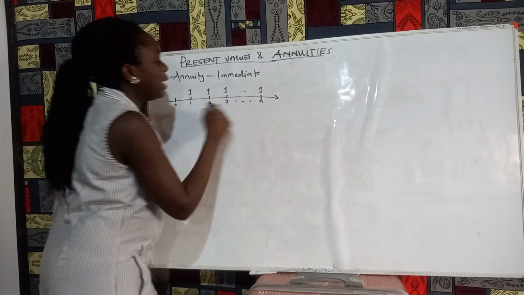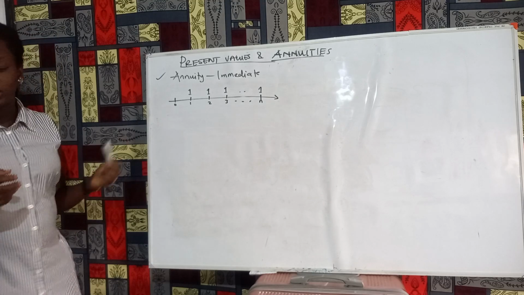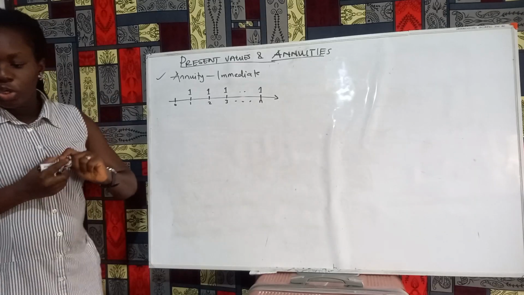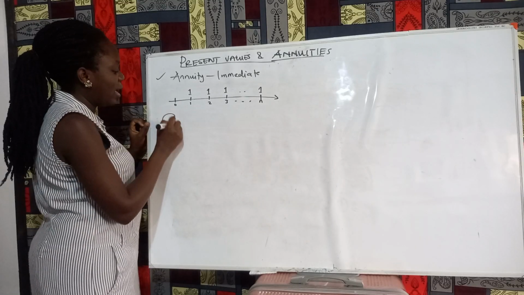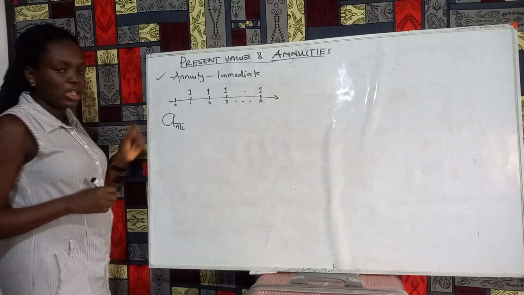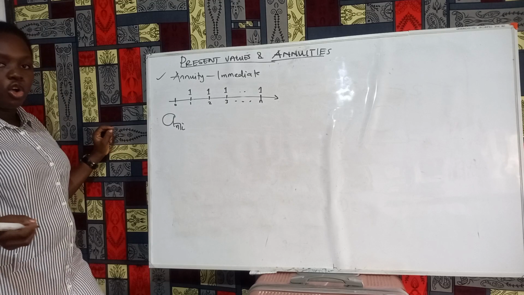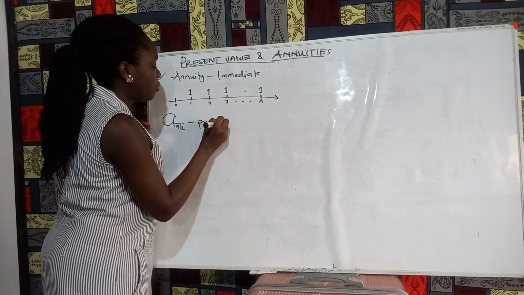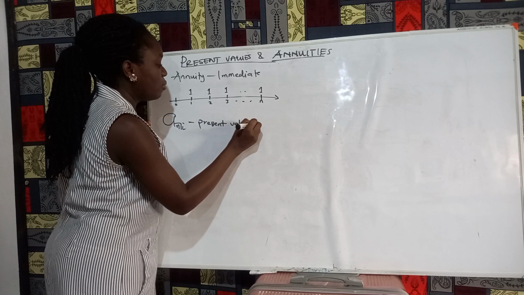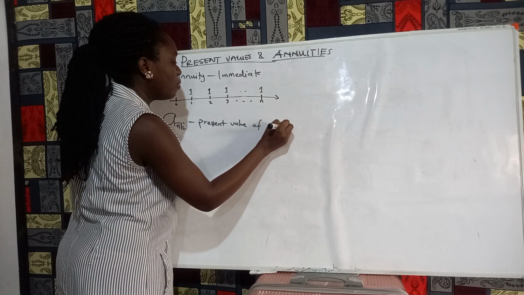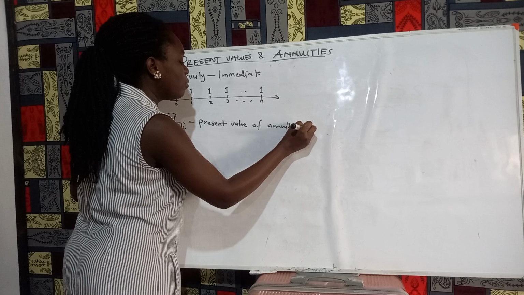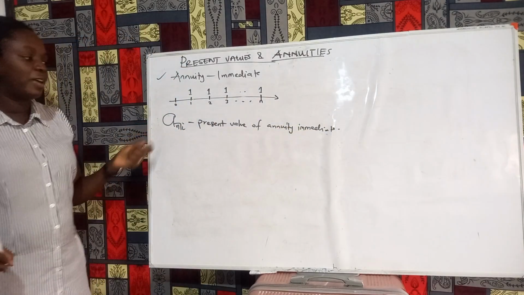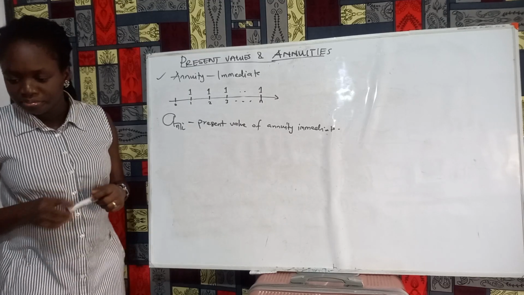So you're paying 1 over an n year period every single year, at the end of the year, so annuity immediate, you use the actuarial symbol a angle n at i to represent the present value of an annuity immediate.